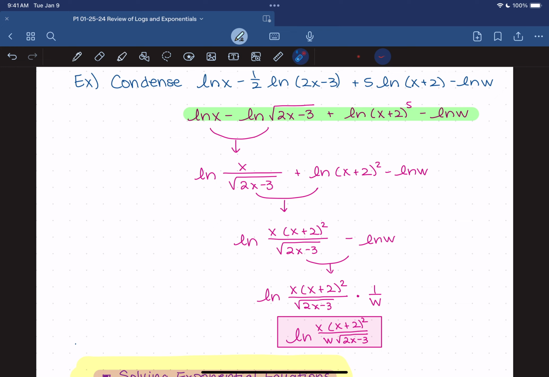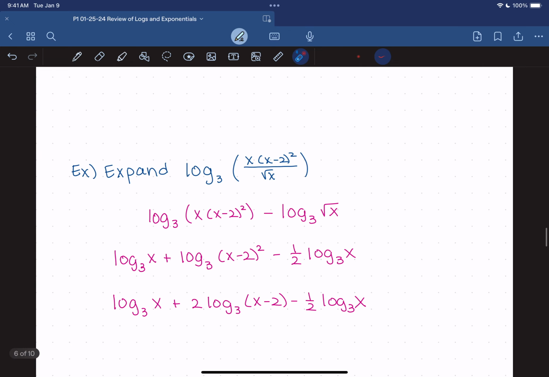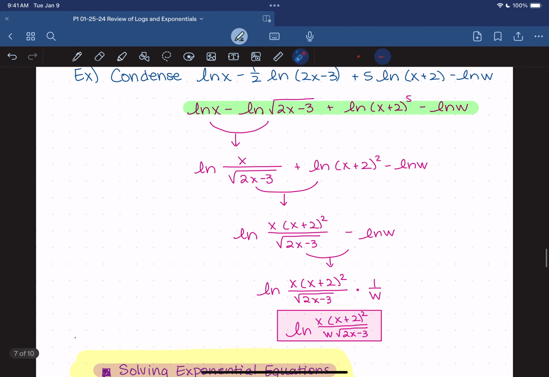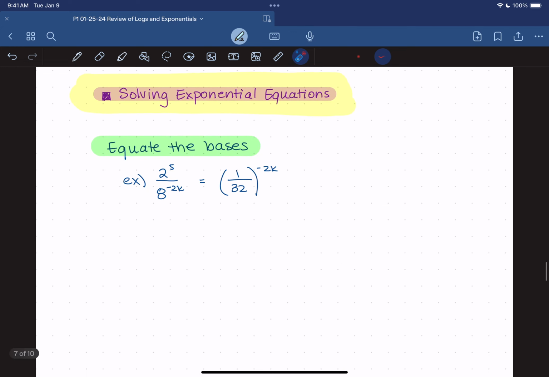And that's always going to happen. So if you want to jump from this line and just go all the way down there, feel free. And you will see in this class, we have some uses for going both ways, for expanding and for condensing. So it's coming up. Okay, next big topic, solving exponential equations.